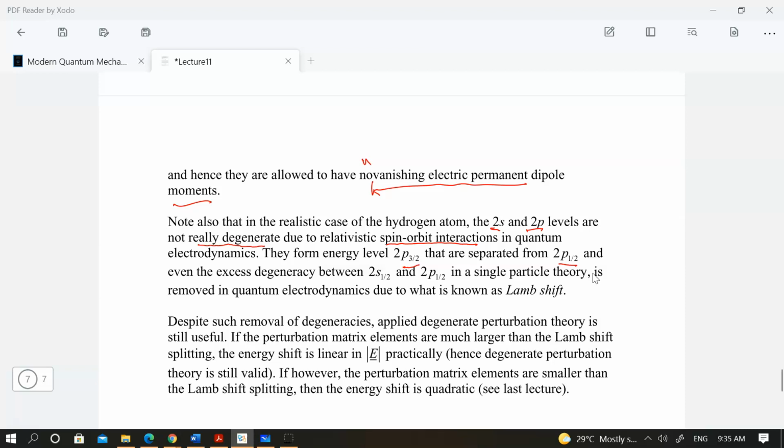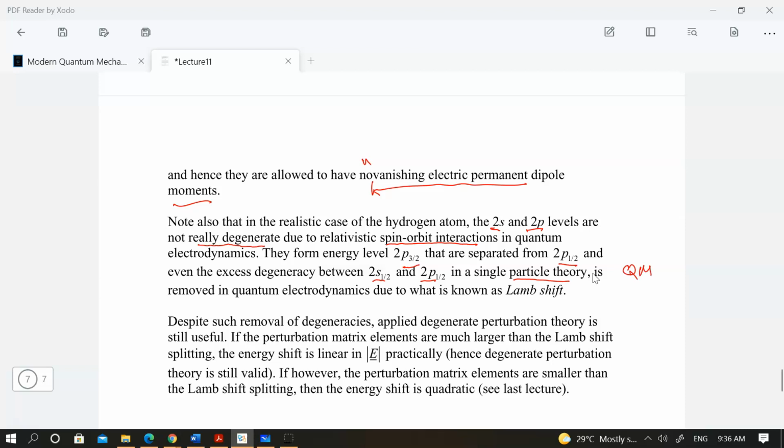Okay, but we still have the state coming from L equals 0, which is your s orbital. So this could still be degenerate in the context of a single particle theory. Single particle theory is essentially what we call quantum mechanics.